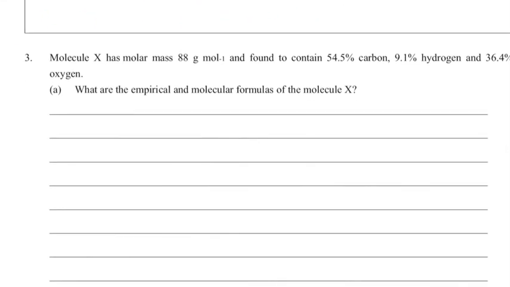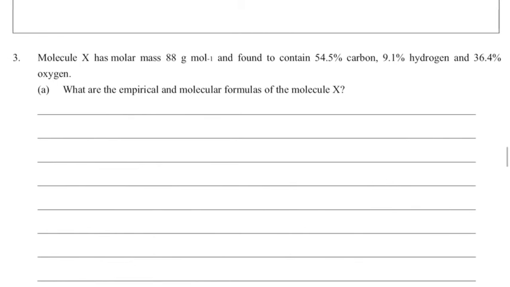Okay, so next one. Molecule X has molar mass 88 gram per mole and is found to contain 54.5% of carbon, 9.1% of hydrogen, 36.4% of oxygen. Okay, what are the empirical formula and molecular formula?